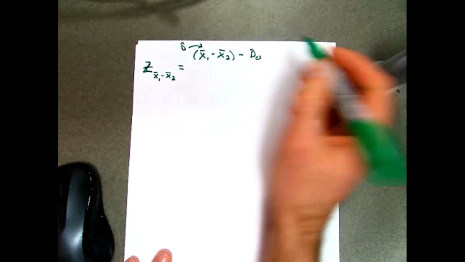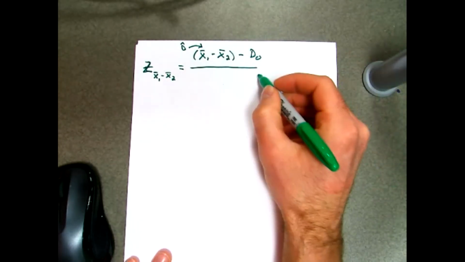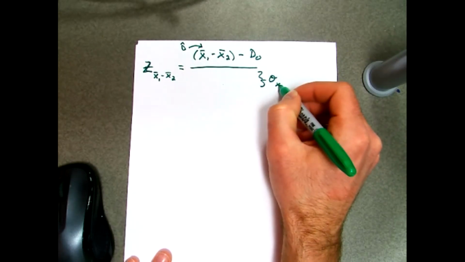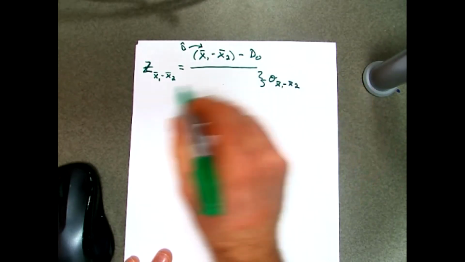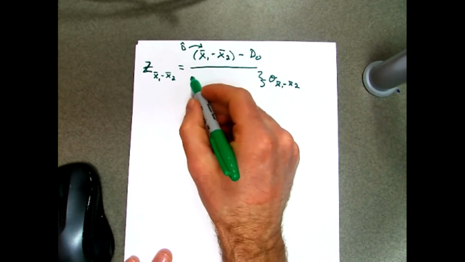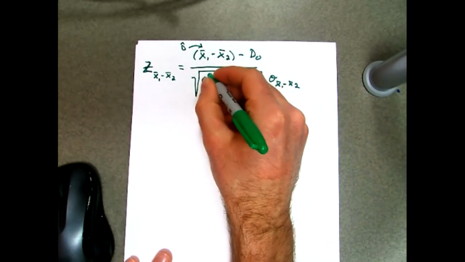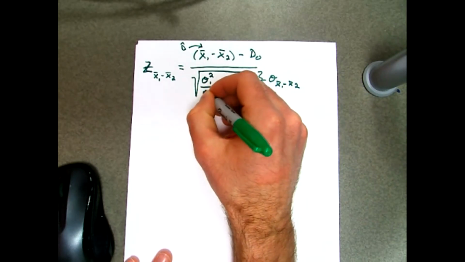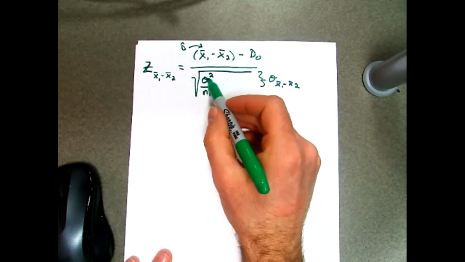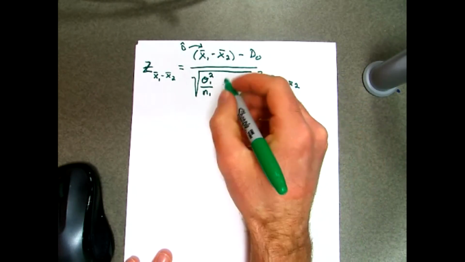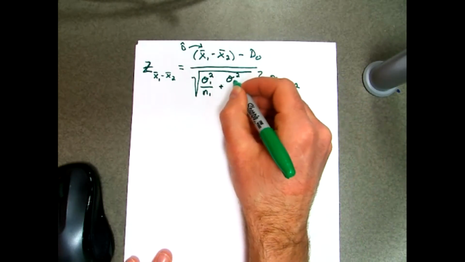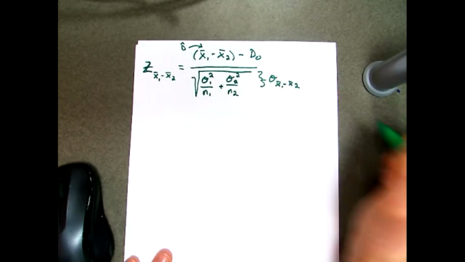Subtract the assumed true difference and then divide by the standard deviation for the difference in those sample means. Now, how do we calculate that? Well, that was just the square root of each group's variance of their sample means, which was the original population variance you sampled from over your sample size, added together. Right.